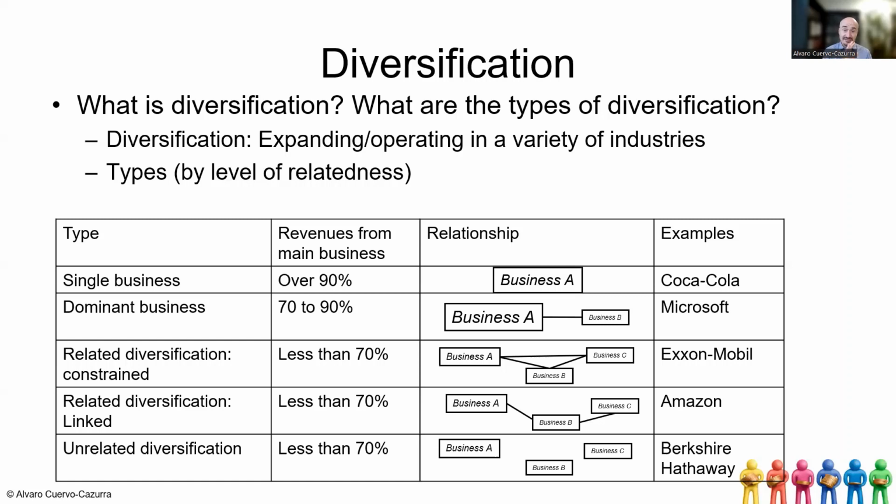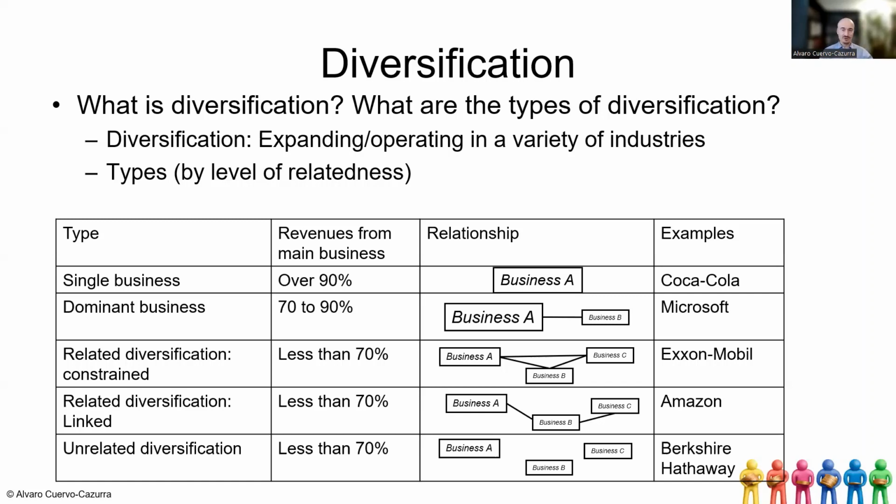Then, in addition to the percentage of sales coming from that particular activity, we have to go into how those operations in different industries are connected to each other, how they are related to each other. If they are relatively well connected, they seem coherent. There is some level of relatedness to them. We call them related.